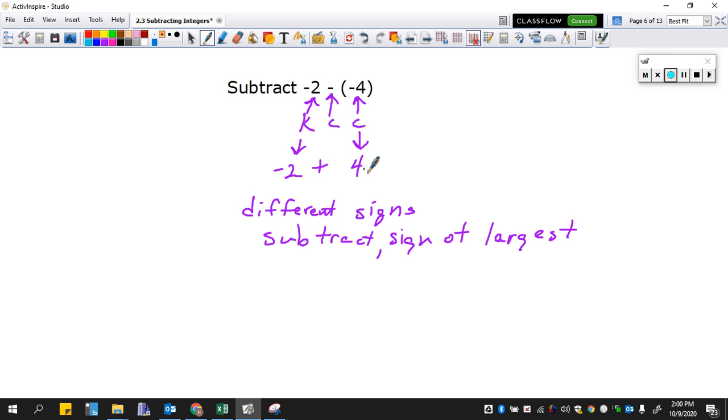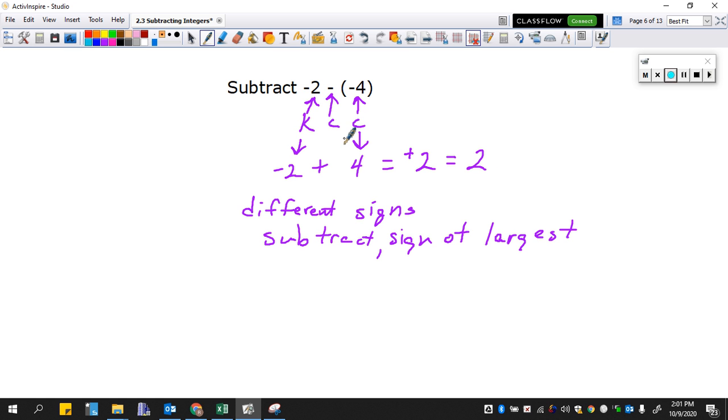So we subtract, so that's 4 minus 2 is 2, and for the largest number, we have to take the absolute value of it. The number with the largest absolute value is the 4, and it's a positive, so this stays as a positive 2. But we normally don't write that positive in there, we just write it as 2.